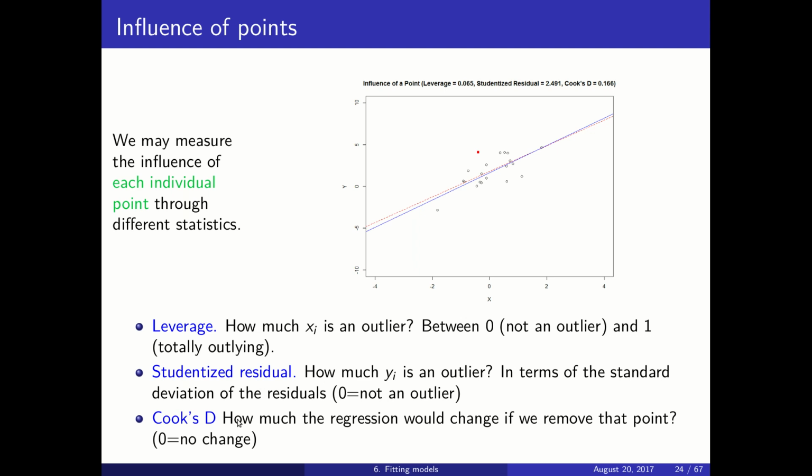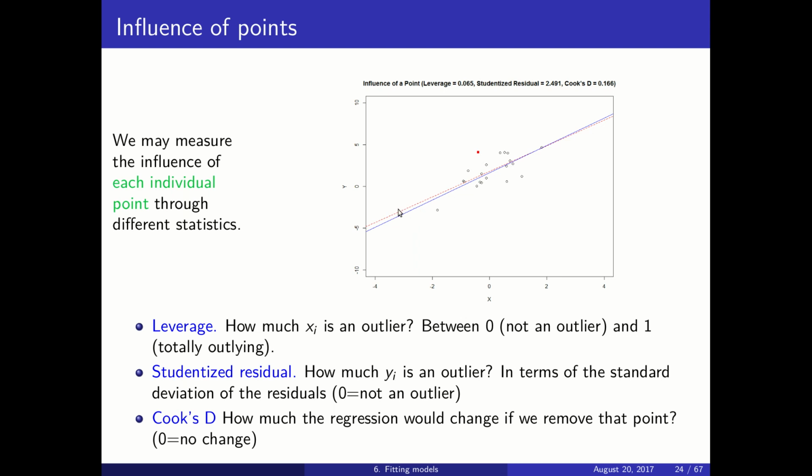And then there is a very interesting number that we can calculate for each point, that is the Cook's d. The Cook's d tells us how much the regression would change if we remove that point, and 0 means no change. So for instance, we have these points, and the blue line as regression. If we remove this red point here, how much does the regression change?